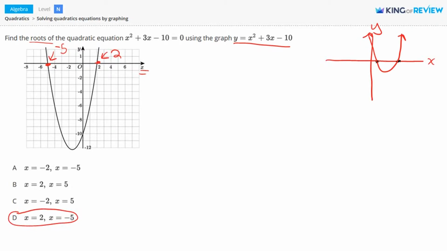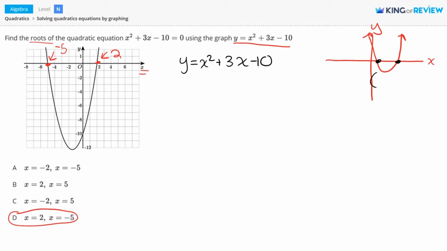We can also solve this problem algebraically. We have our equation y equals x squared plus 3x minus 10. Now let's think about these roots right here. The y-coordinate of an x-intercept is 0 because when a graph touches the x-axis, the y value of that point is 0.